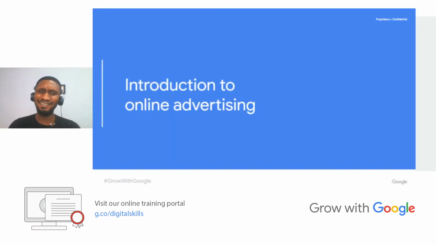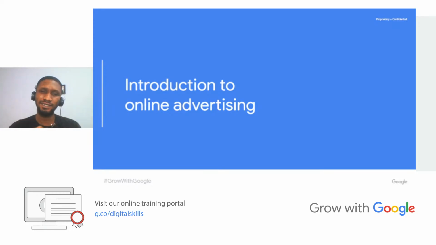We're starting with an introduction to online advertising. Online advertising has been around for a very long time, to be honest with you. Businesses, whether large or small, could all leverage ads to appear on search result pages, web pages, in apps, and as video ads, and it could also appear on YouTube.